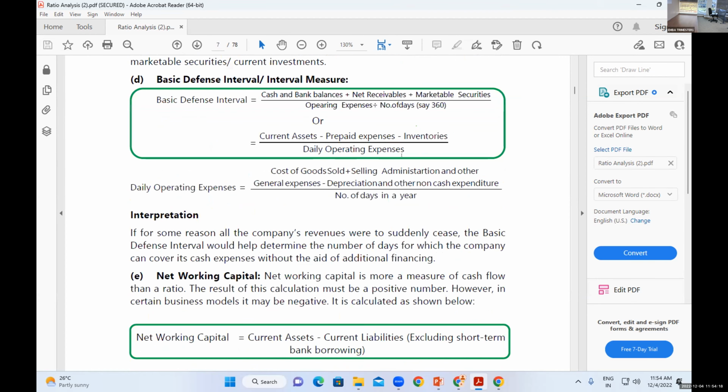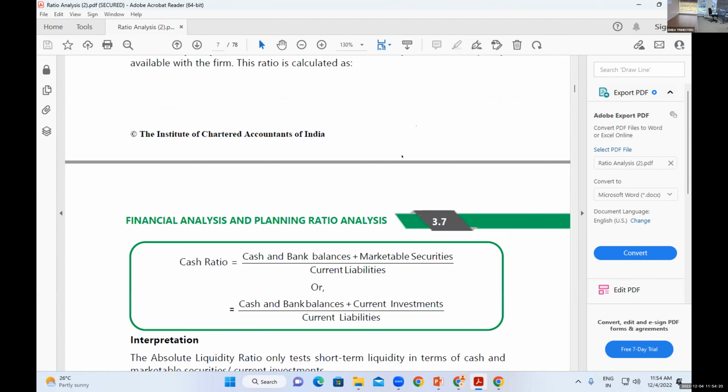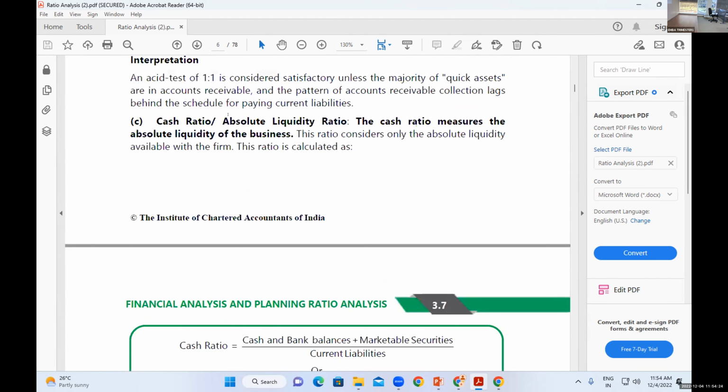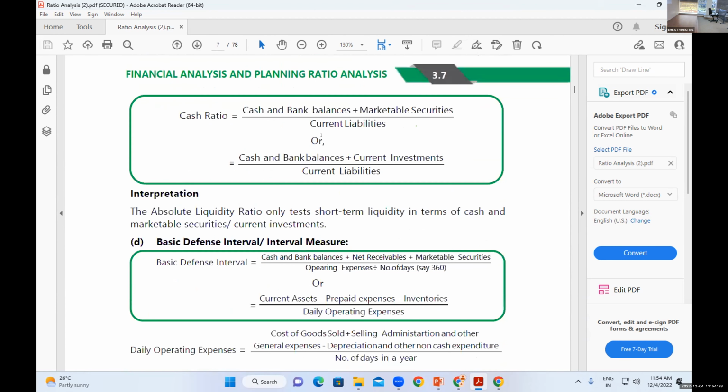The third one is the absolute liquidity ratio, otherwise called the cash ratio. The formula is cash and bank balances plus current investments or marketable securities, divided by current liabilities. It is a little more stringent measurement of your liquidity. You see, inventory is there with you.